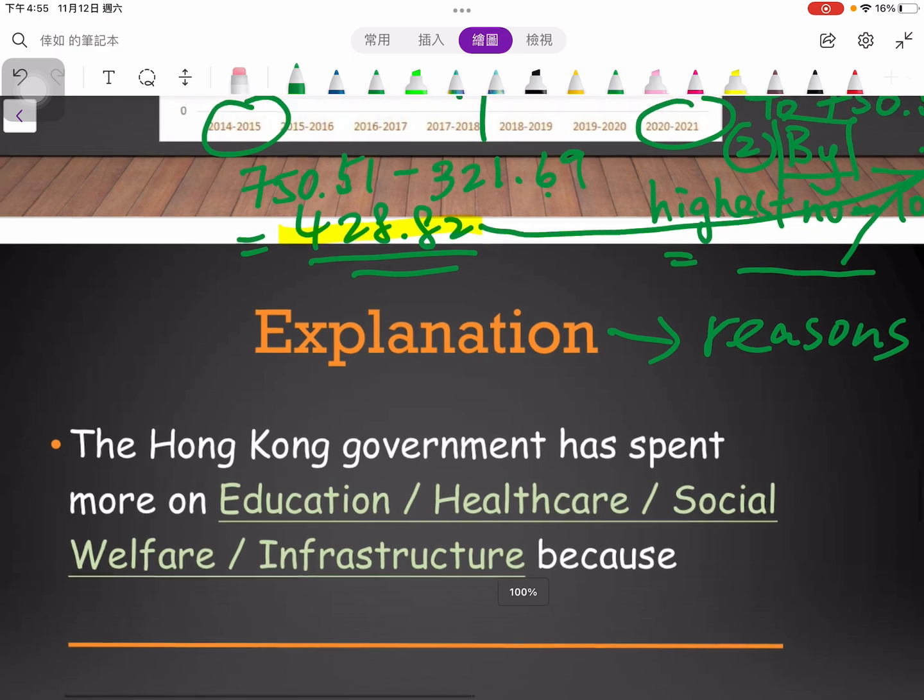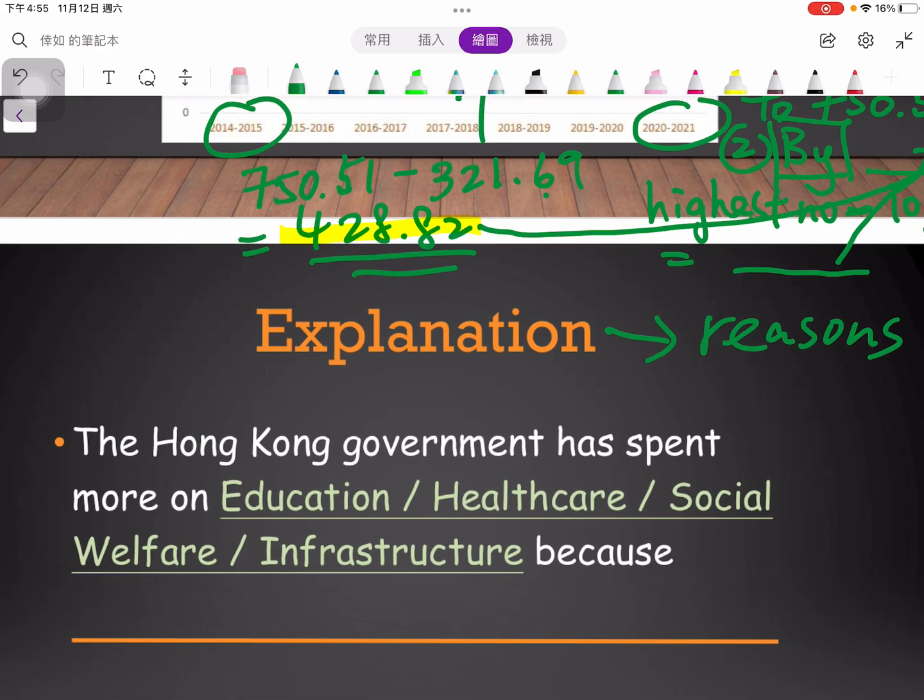Let's look at the example here. Why has the government expenditure increased? Because the Hong Kong government spends more money on maybe education, healthcare, social welfare, or infrastructure. Let me give you some examples.